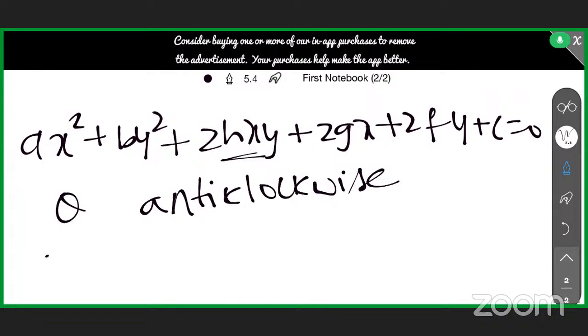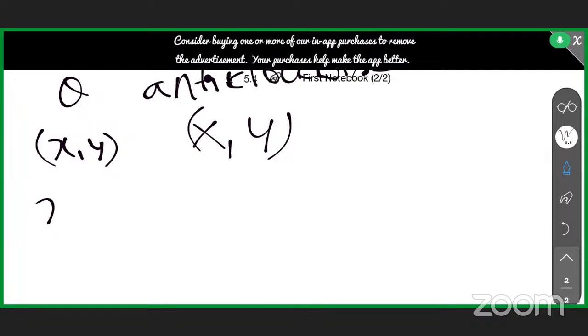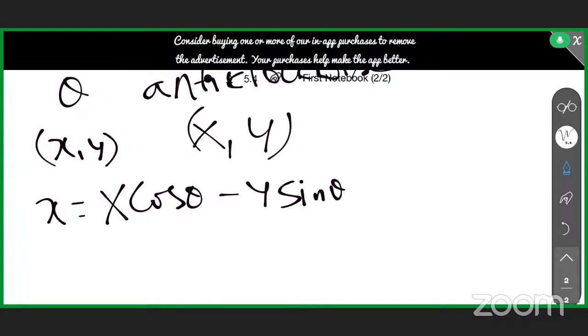Let small x comma y be the original coordinates, and let the transformed coordinates be capital X comma capital Y. Therefore, by theorem number 3, small x is equal to capital X cos theta minus capital Y sin theta, correct? And my small y is equal to capital X sin theta plus capital Y cos theta.